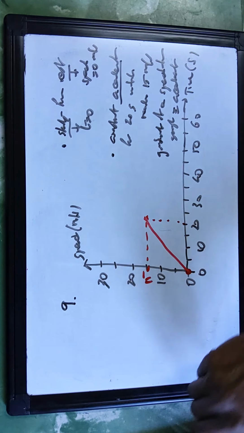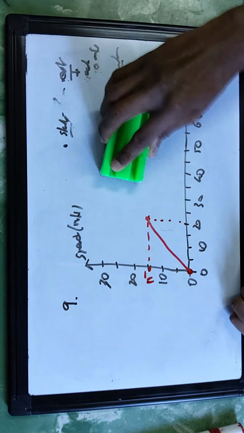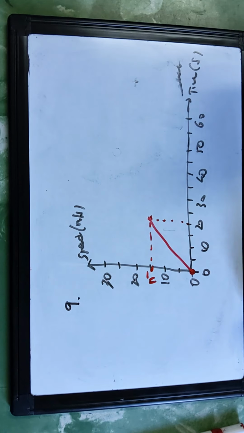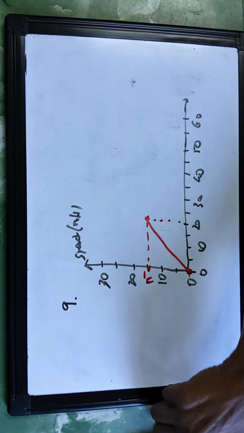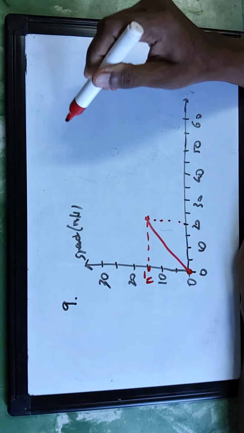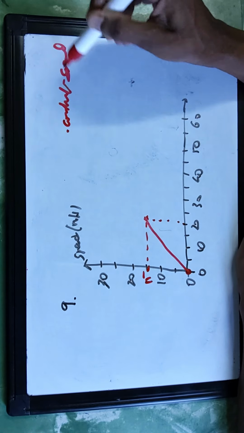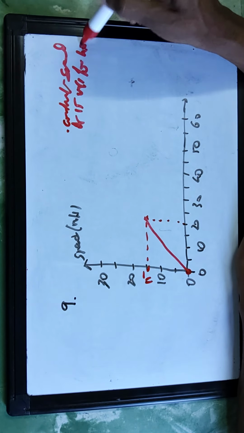And then the car moves at a constant speed of 15 meters per second for 40 seconds.